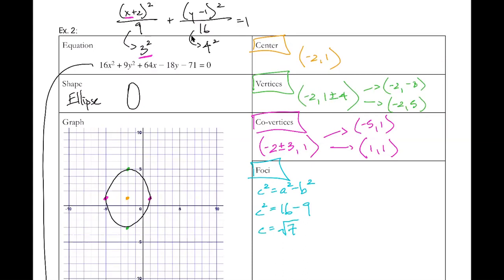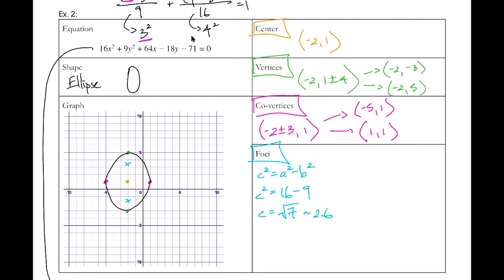Okay, so the square root of 7 as a decimal is about 2.6. And so from my center, I'm going to go up 2.6, and I'm going to go down 2.6. If I wanted to write that as a coordinate, I'd write (-2, 1 plus or minus the square root of 7). And the approximation when you're graphing, obviously you're not going to get super exact, but around 2.5, 2.6 is fine.